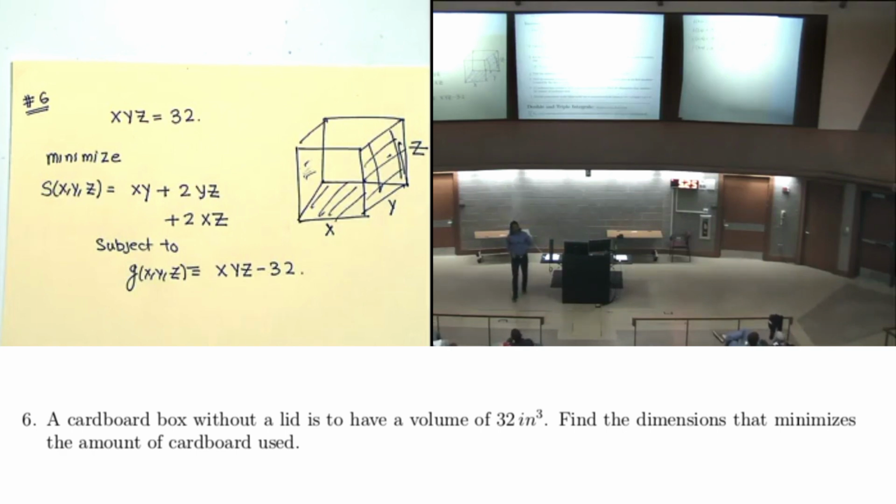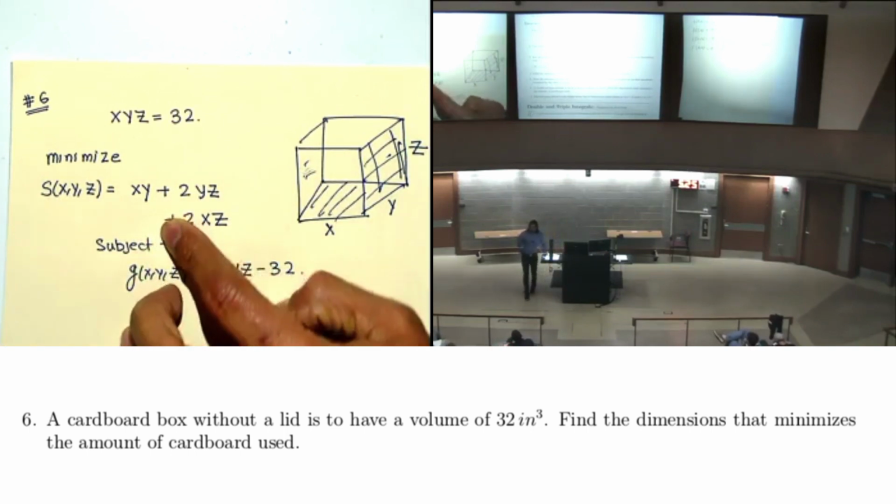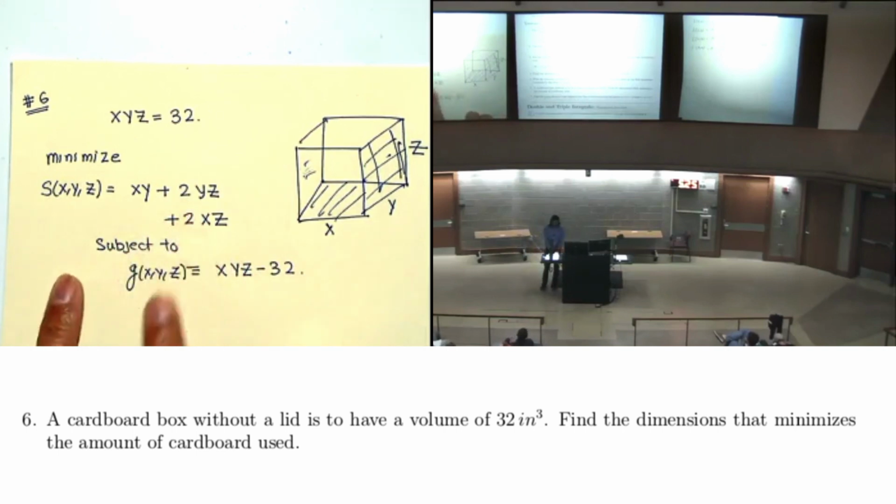An equation is always a constraint. They want to find the minimum cardboard, meaning the surface area of the box, so that is what I'm going to minimize. This is my main function, and this is my constraint.